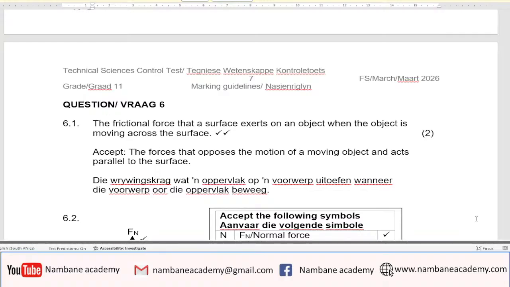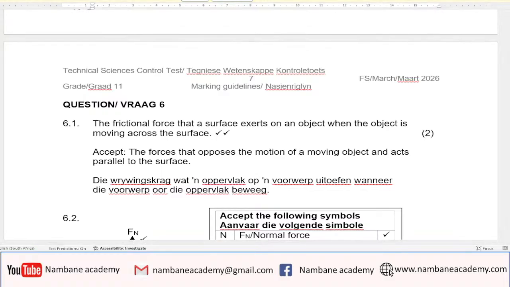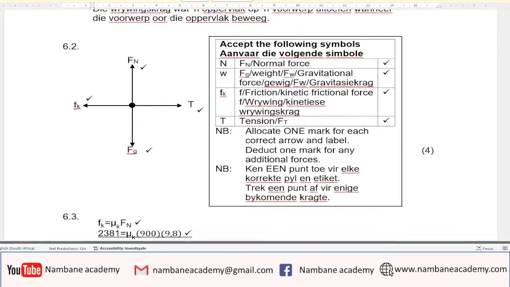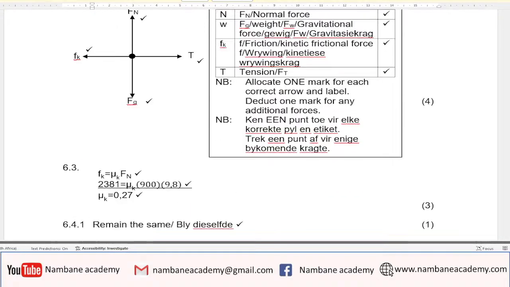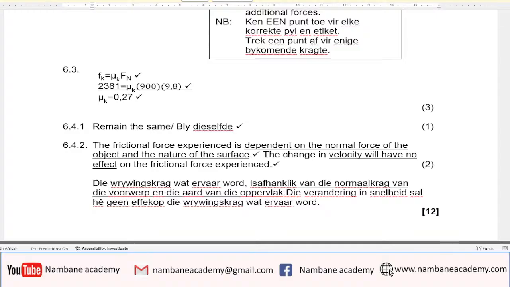And then when it comes to the standard of the paper, a humble request to the examiners: can you please assist us when it comes to content training? The paper was very interesting. I've come across two questions that I might teach differently. They were asked in a different way. Therefore, I realized that we really need that content training, especially for grade 11.